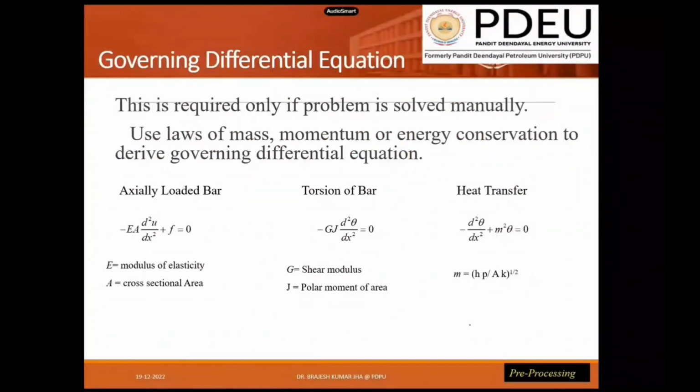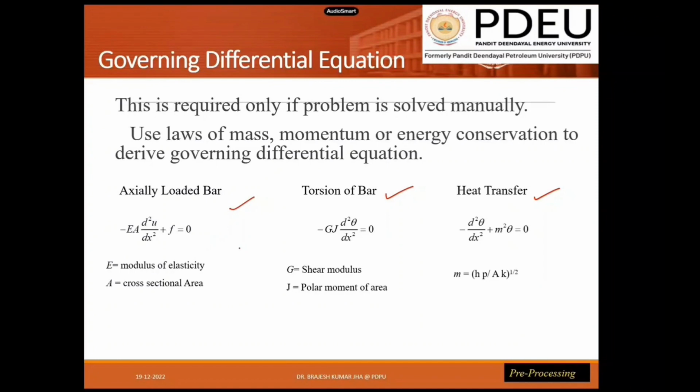As I told earlier, the second order differential equation can be represented in different forms. Steady state heat transfer you can see here, torsion of a bar, and axially loaded bar are also applicable. In all of these, the common thing is the second order differential equation. Only the physical process, the physical values and the physical law are different.